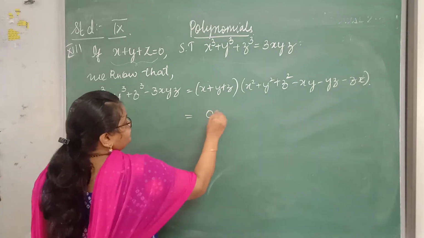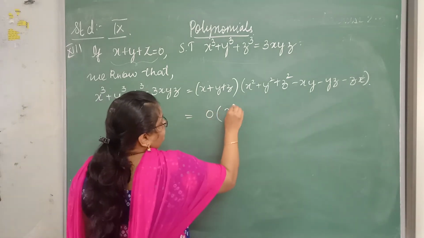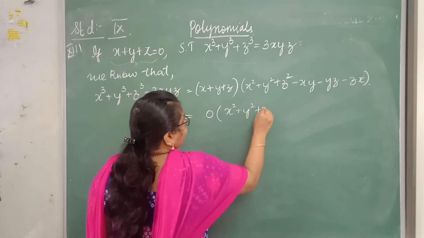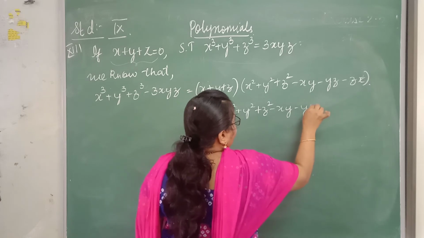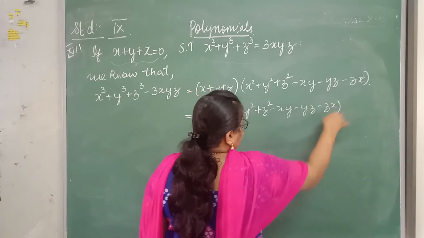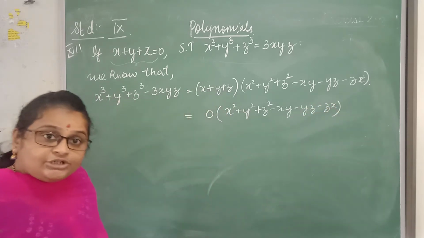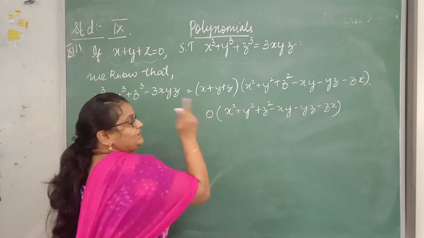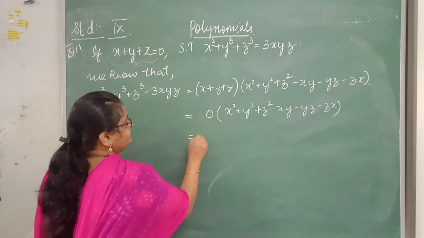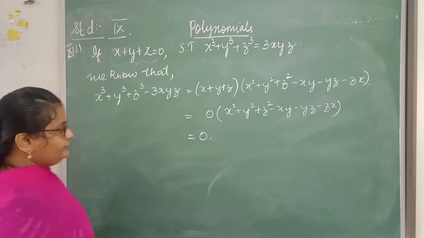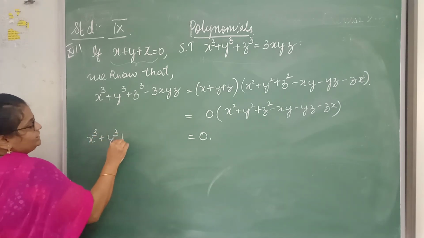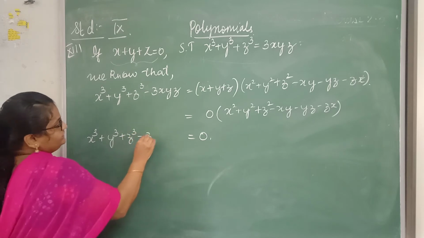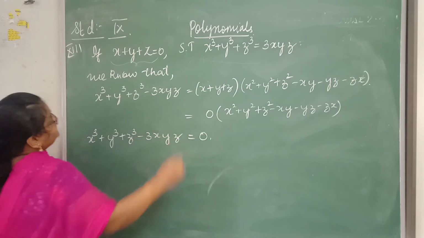So substitute 0 into the factor x plus y plus z, and you know that any number multiplied by 0, the value will be equal to 0. So 0 is equal to x cube plus y cube plus z cube minus 3xyz.